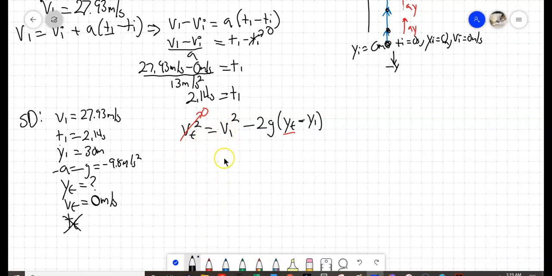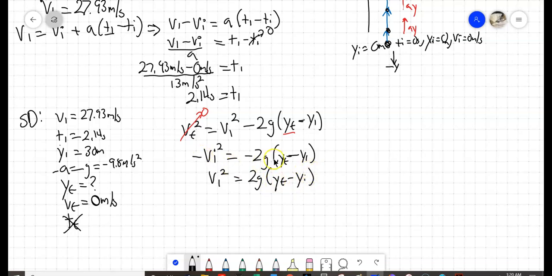So we're going to subtract v1 onto the other side. So v1 squared is going to be equal to negative 2g times y final minus y1. Multiply both sides by a negative 1, which is going to give v1 squared equals 2g times y final minus y initial.